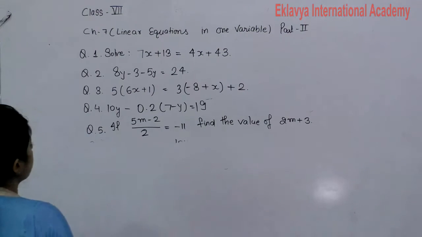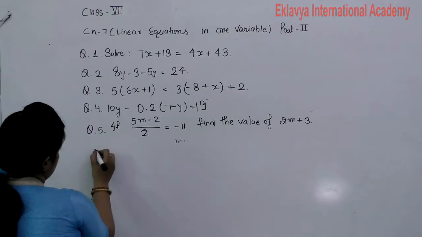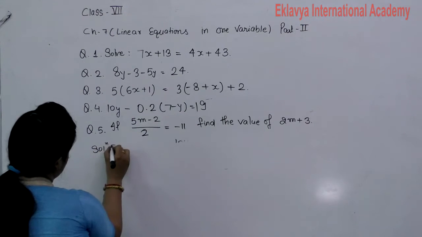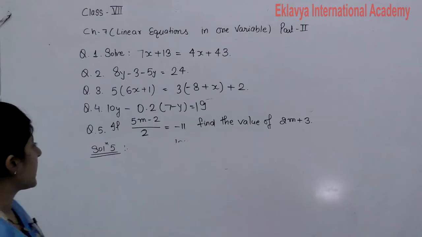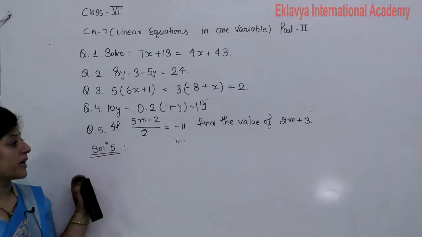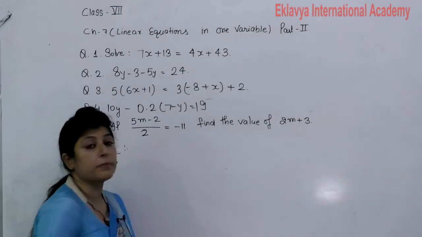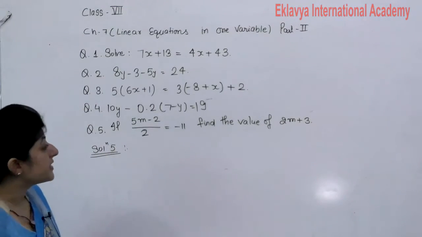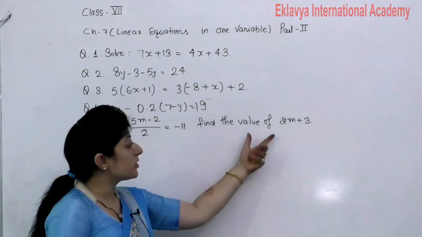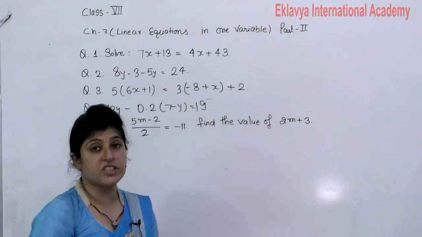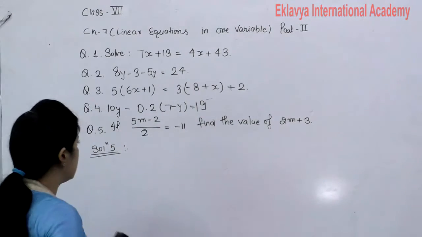Now see question number 5. If (5m minus 2) upon 2 is equal to minus 11, find the value of 2m plus 3. So firstly we have to find the value of m, then we put the value of m in this expression, then we will get the value of 2m plus 3.